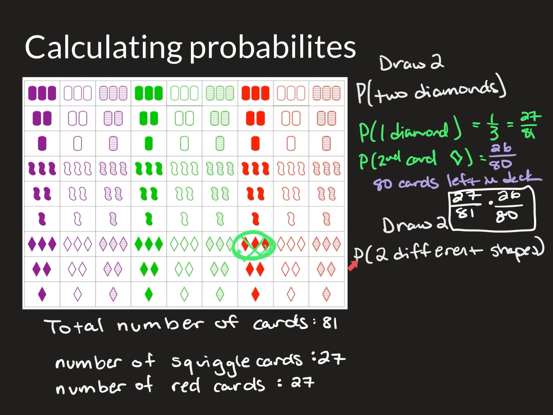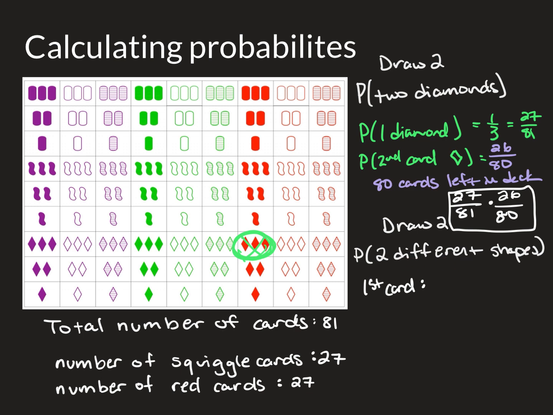So this one where it says I want just now the probability of drawing 2 different shapes. So any shapes are cool. So the first card, do I really care what it is? Like if the first card is an oval, cool, I got an oval. If the first card is a squiggle, cool, I got a squiggle. If the first card is a diamond, great, I got a diamond. I just want 2 different shapes.